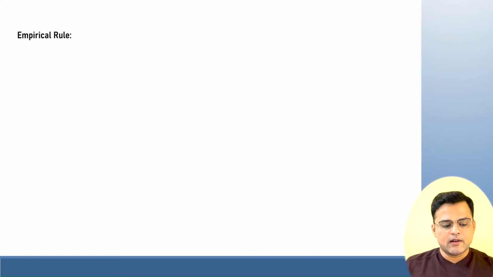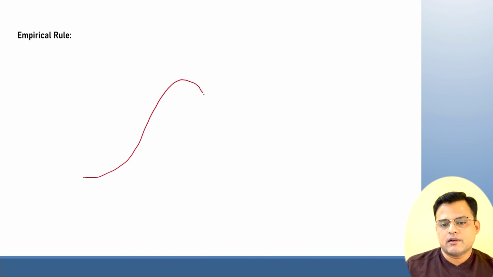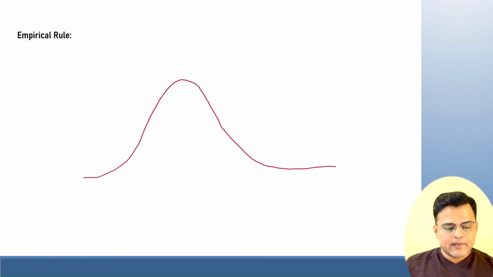So what is a symmetrical distribution? A symmetrical distribution is actually a bell-shaped curve. Let me plot it; it looks like this. This is a bell curve, and it says that a certain percentage of values lies within 1 or 2 standard deviations.